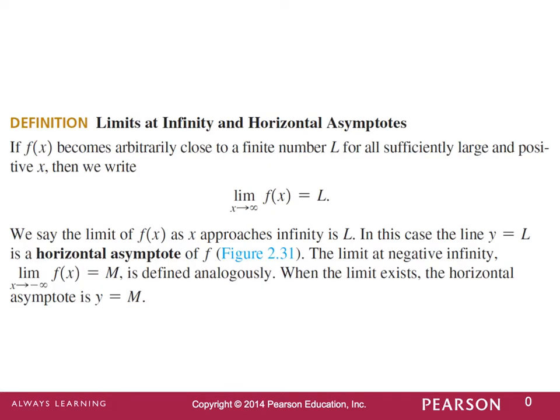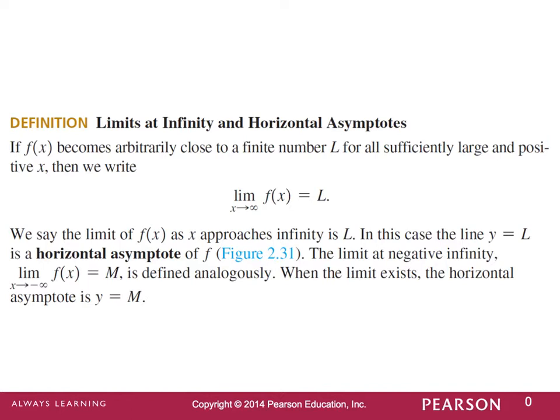The definition of limits at infinity and horizontal asymptotes reads that if f of x becomes arbitrarily close to a finite number L for all sufficiently large and positive x, then we write that the limit of f of x as x approaches infinity is equal to L. We say that the limit of f of x as x approaches infinity is L, and in this case the line y equals L is a horizontal asymptote of f.